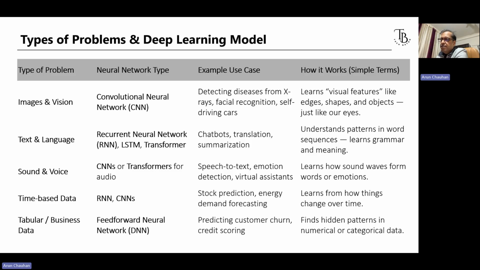And RNN is implemented to do the energy demand forecasting. They learn on the basis of how things change over a particular period of time. They bring in seasonality, they try to understand the patterns at different times. It can be a particular time period in a day itself, maybe the morning hours, the evening hours, right?